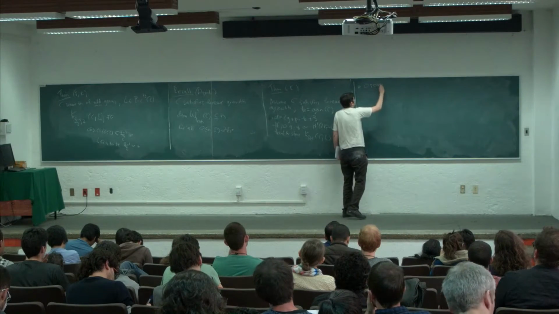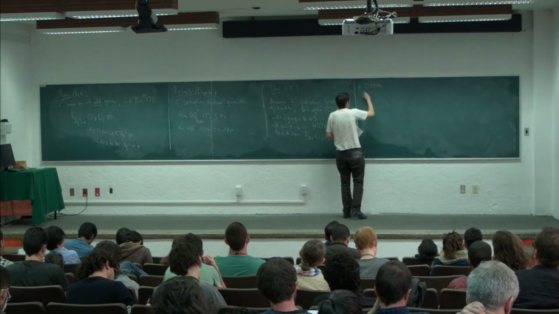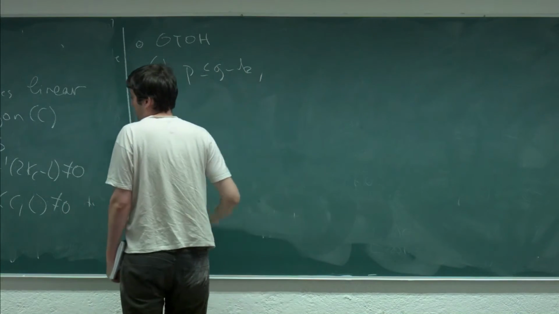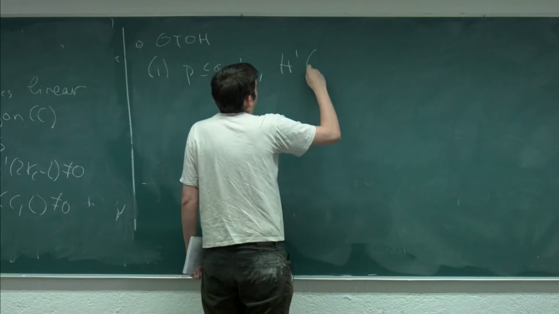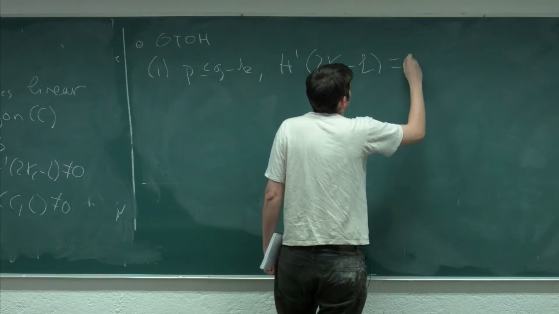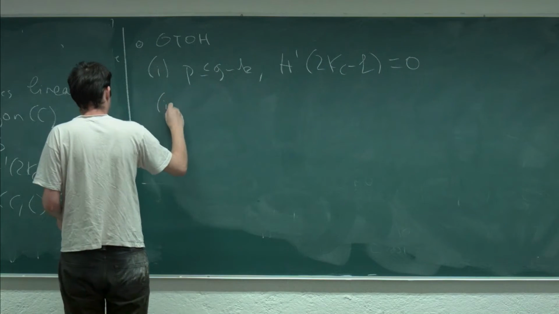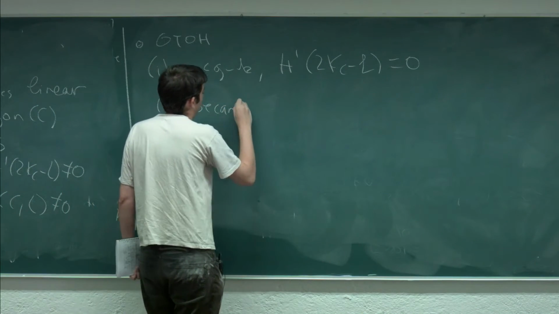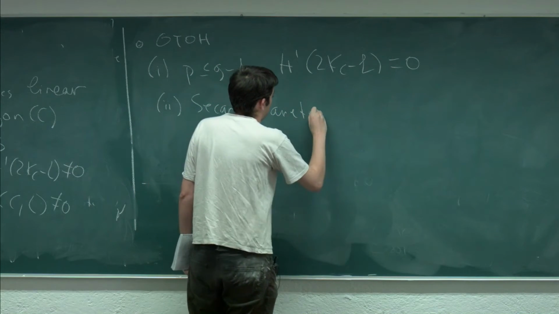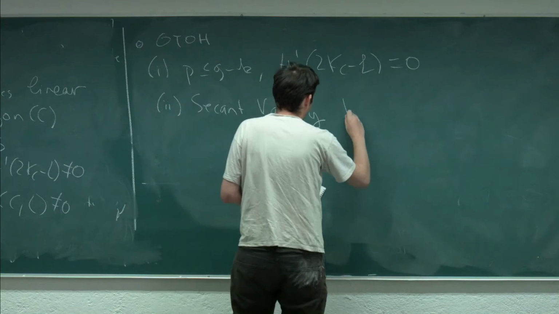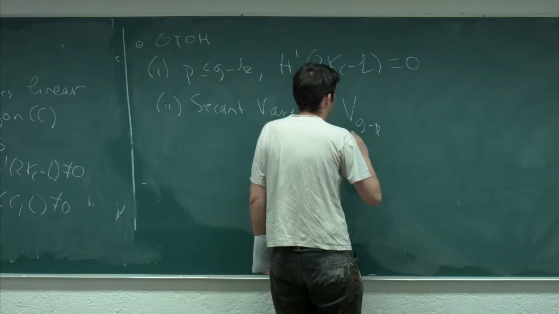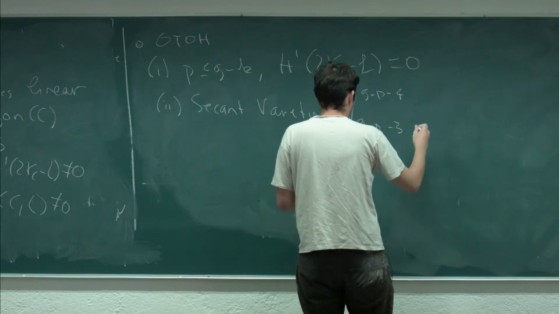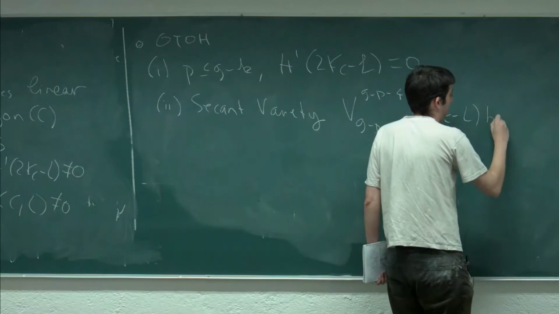But on the other hand, if we assume firstly these trivial conditions, which we definitely need to have vanishing, that p is less than or equal to g minus k, and that this H1 of 2K_C minus L is 0, and then if we impose one more condition, which I'll define in a minute, saying that the secant variety, so this is a very natural object, V_{g-p-3, g-p-4}(2K_C minus L) has expected dimension.